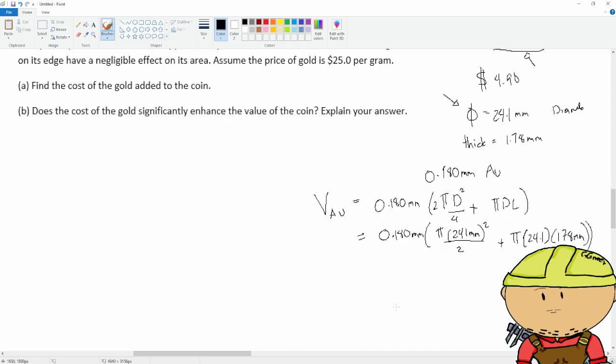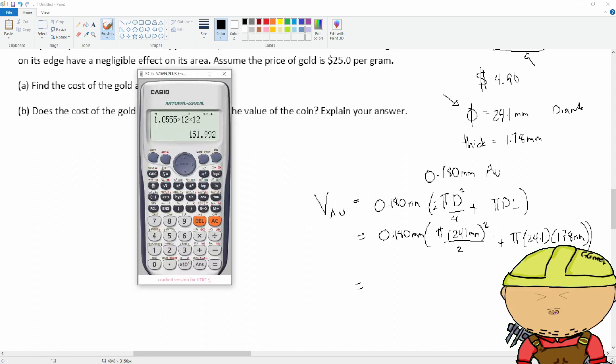What should be the volume? 0.18 times pi times 24.1 squared. This is the diameter, and the formula for area is pi d square over 4, multiplied by 2. So pi d square over 2 plus pi times 24.1 times 1.78.